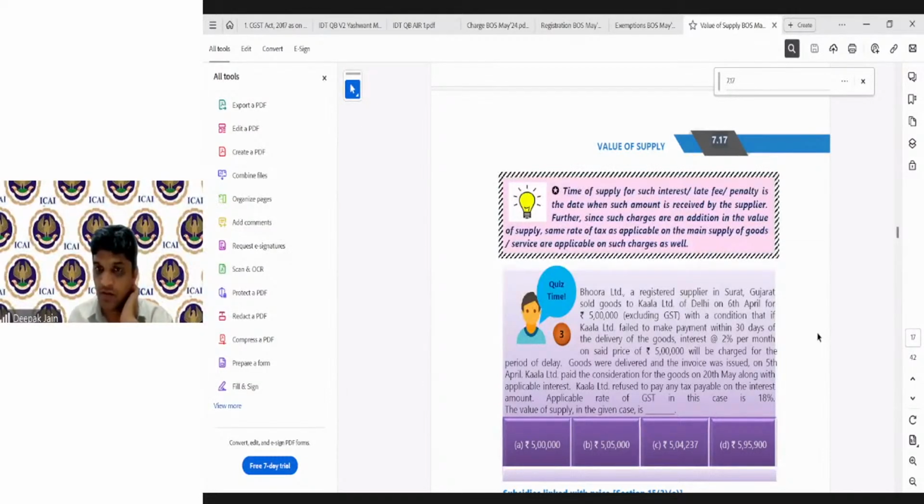Now, either we could proportionately divide by 365. This is for 1 month, into 12 months makes it 1,20,000, divided by 365 into 15 makes it 4,931, which is not matching. So we could simply take 15 days on 5 lakh at 2%. This is for 1 month. You have to take it for 15 days, so divide by half, which makes it 5,000. So the value of supply will be 5,000 rupees.